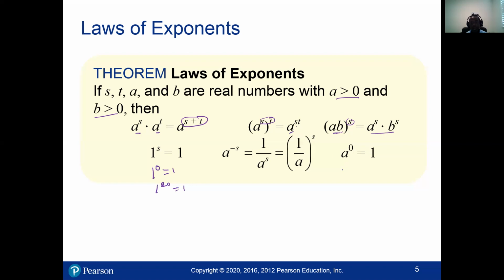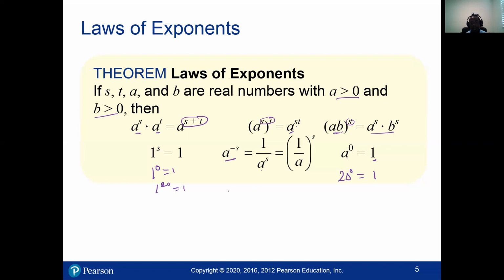It's important to know that anything raised to 0 is equal to 1. So 20 raised to 0 is equal to 1. Finally, if you have a raised to negative s, we don't want the final answer to have negative exponents, so we write this as 1 over a raised to s, which is the same as 1 over a, all raised to s.